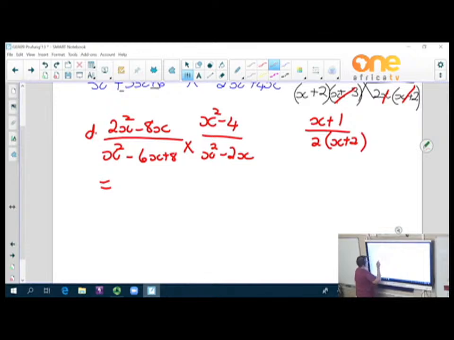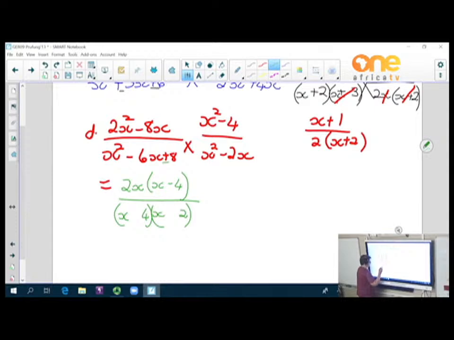Look at this one. Highest common factor, 2x. So then there remain x minus 4 over. This is a trinomial. So brackets, brackets, which factors of 8 will give you a 6, and that is 4 and 2. This should be easy now for you by now.